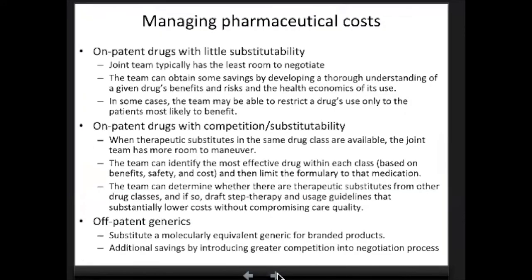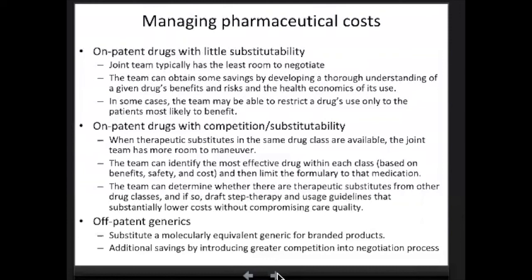The article then emphasizes the unique or nuanced nature of pharmaceutical sourcing, because in pharmaceutical drugs, you would have on-patent drugs, you could have off-patent drugs, and then within on-patent, you could have drugs that have little substitutability versus the ones which has room for substitutability, or there's competition.